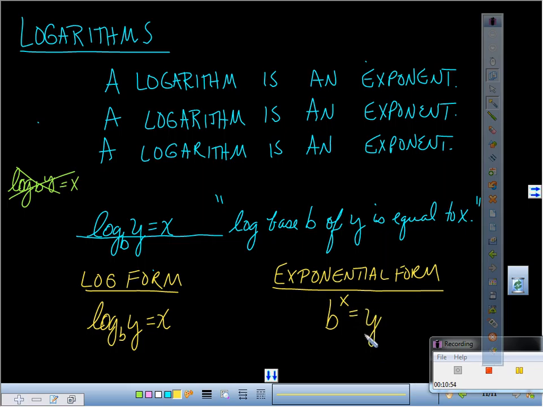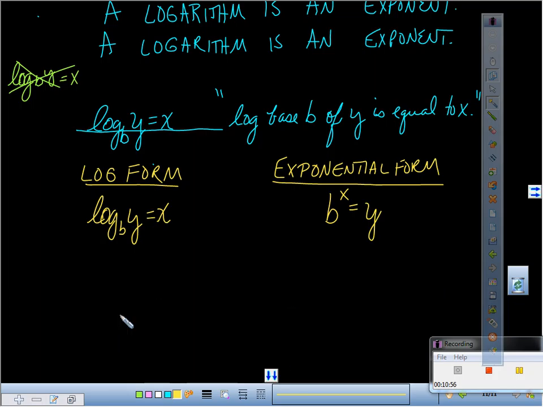Y. All right, so let's write what everything is. What's this guy right here? He's my base. What's this guy right here? He's my exponent. So this guy right here must be my answer.